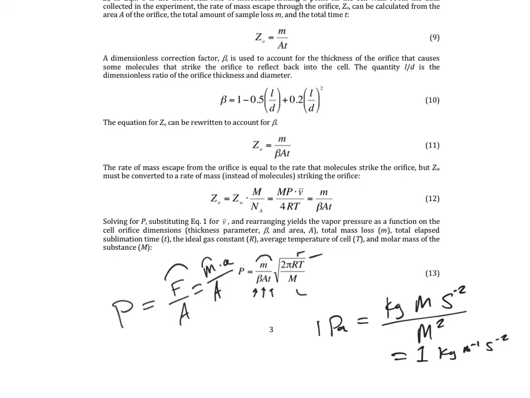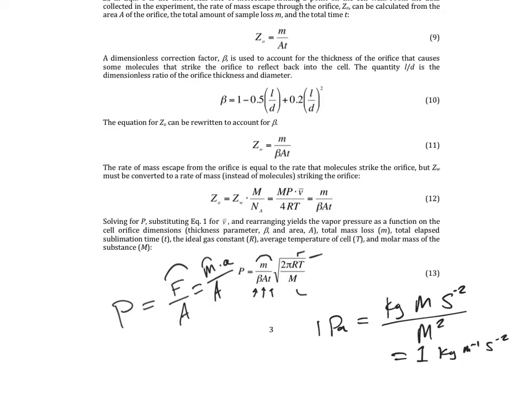Now, the reason why I'm going into the units here is because we're going to have to put the units for these values that we're measuring in the lab and the molar mass in the proper units so that we can actually get some unit out of pressure that we're accustomed to working with, such as the Pascal, the SI unit of pressure.